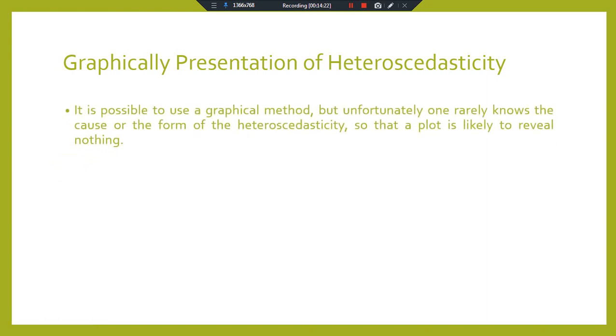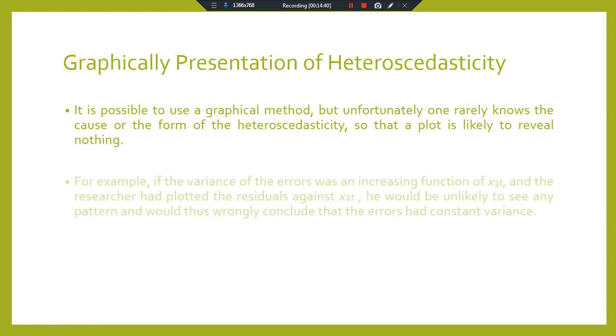But in the case of graphical methods, unfortunately, researchers rarely know the cause or the form of heteroscedasticity, so a single plot doesn't give us exact information or reveals nothing.